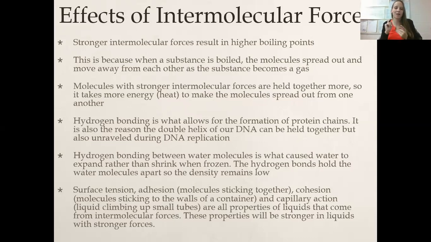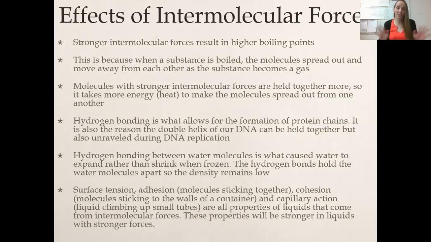So when it comes to intermolecular forces and boiling points, obviously only covalently bonded molecules have intermolecular forces. We already talked about that. And so when you boil a covalent substance, you break the intermolecular forces.